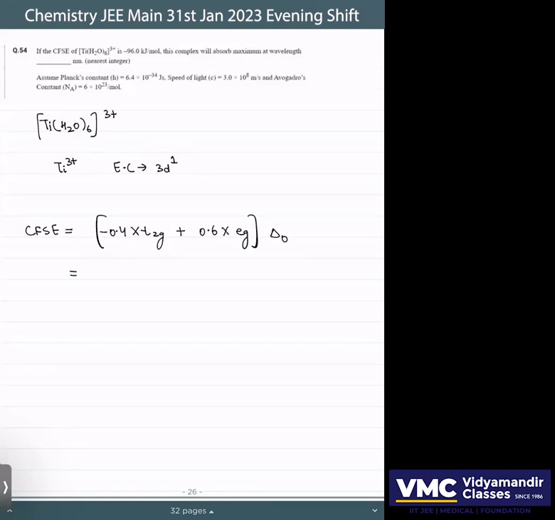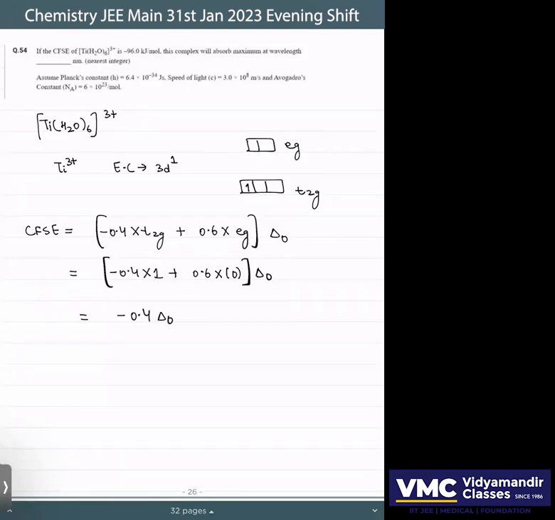Now, our electron distribution will be like this: eg, t2g, we have one electron in t2g. That means minus 0.4 into 1 plus 0.6 into 0, into delta naught. That will be minus 0.4 delta.